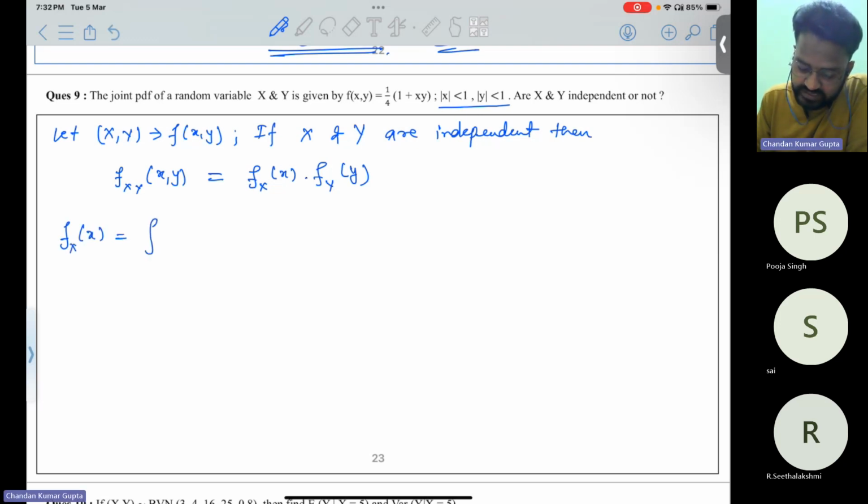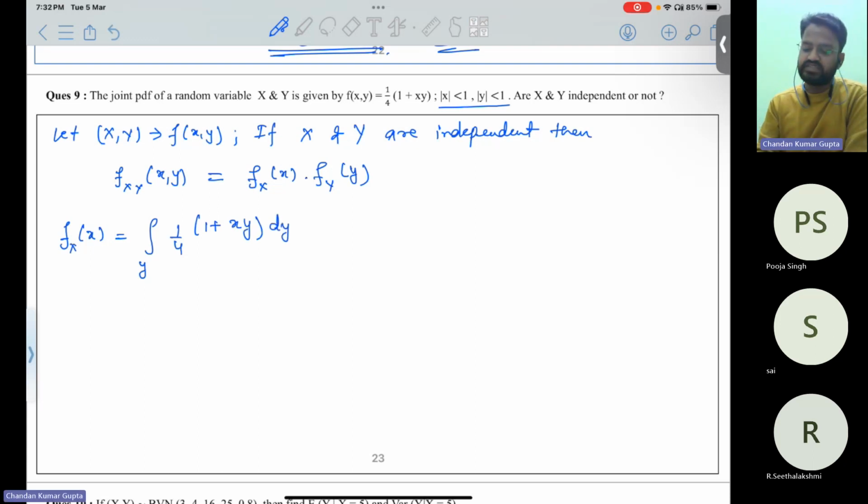Fx can be calculated as the integral over y of 1 by 4 (1 plus xy) dy, where y is less than mod 1, so it is from -1 to 1. Clear?